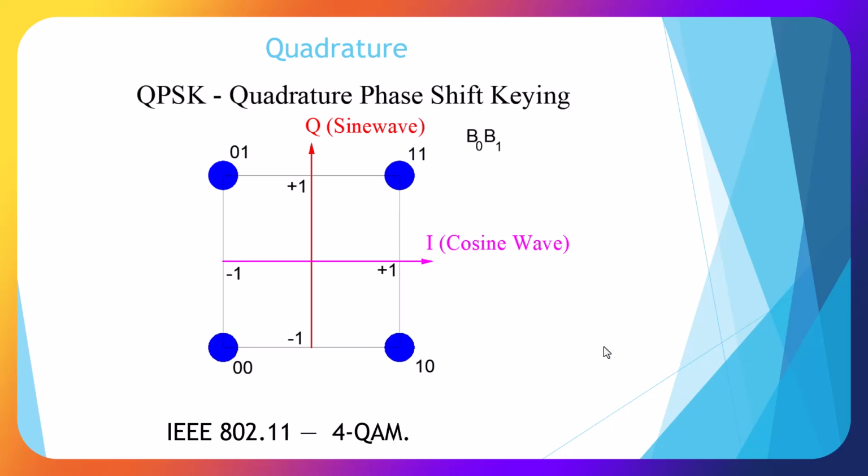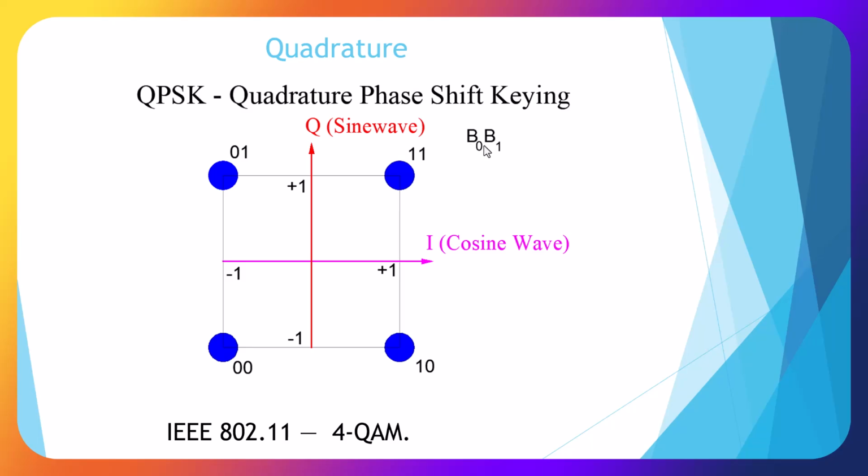Here I'm showing QPSK, quadrature phase shift keying. This diagram's also the same for QAM, quadrature amplitude modulation. And what we've done is we've plotted Q, which is a sine wave, and I, which is a cosine wave. And we have plotted 4 in our quadrant. So this is quad.